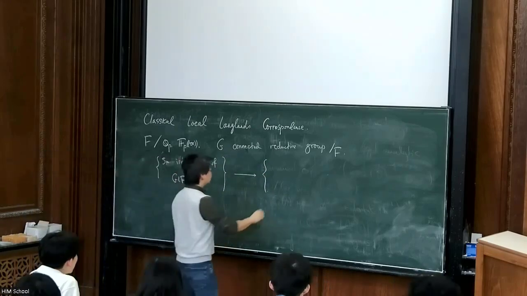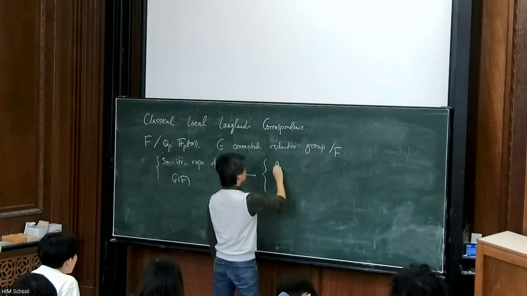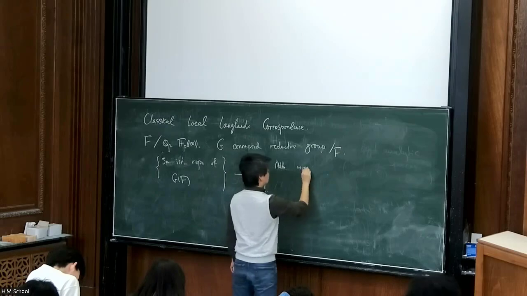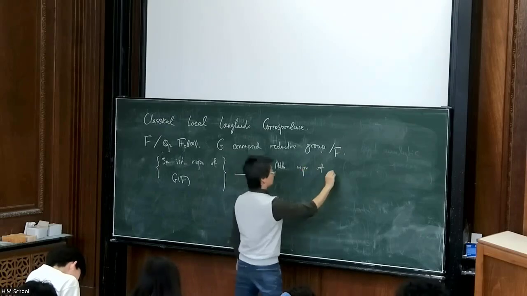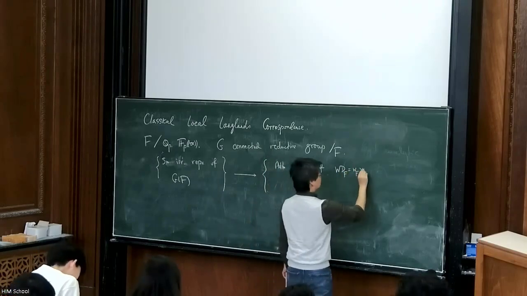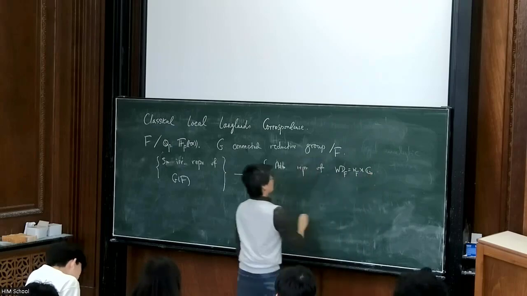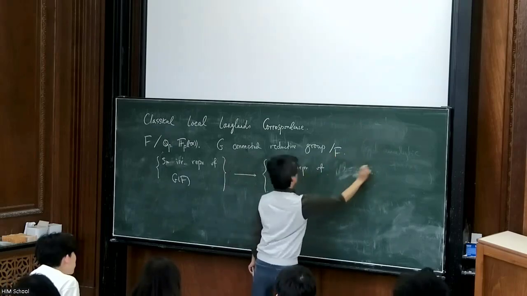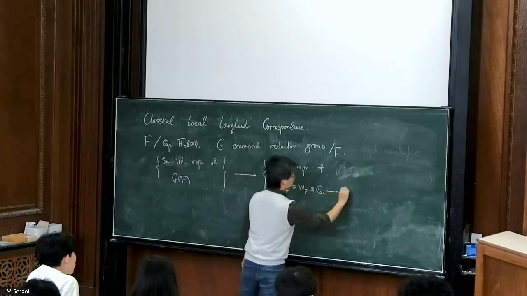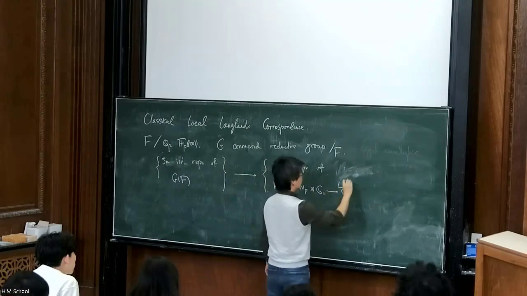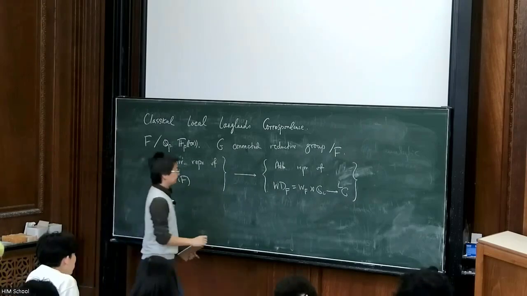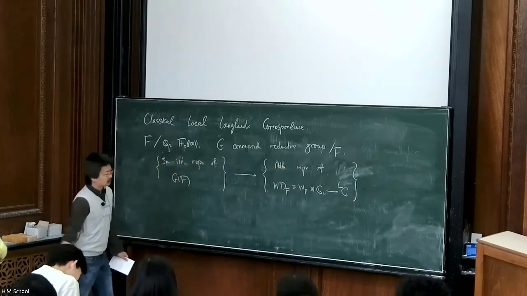This set of representations is parameterized by the so-called admissible representations of the Weil group, or maybe the Weil-Deligne group, to the so-called Langlands dual group, or maybe the L-group of G, and so admissible representation here has some conditions.